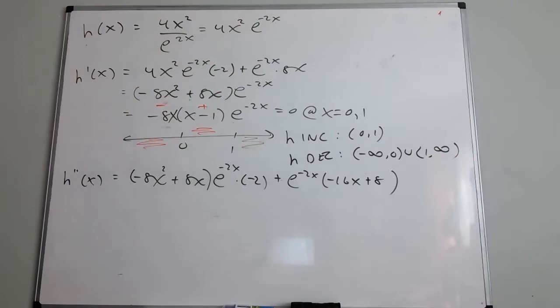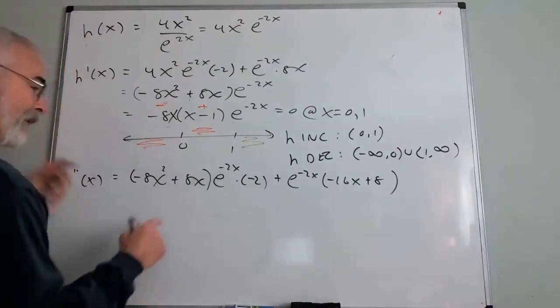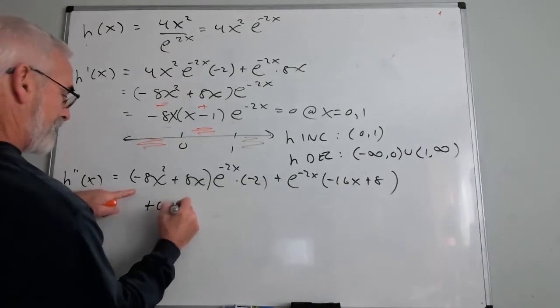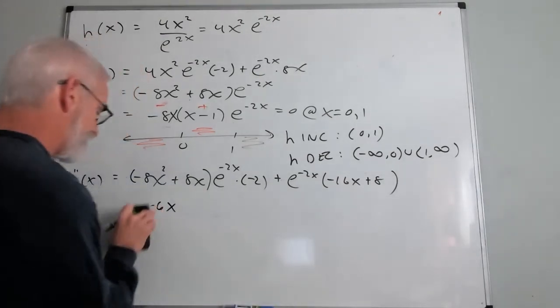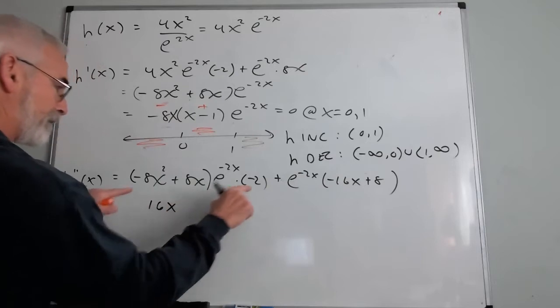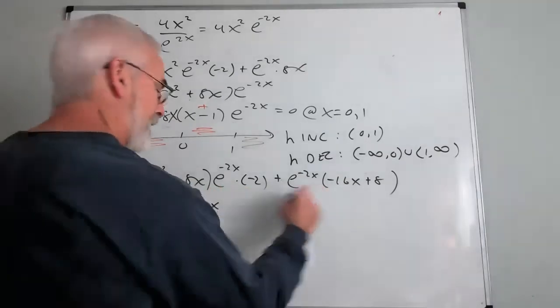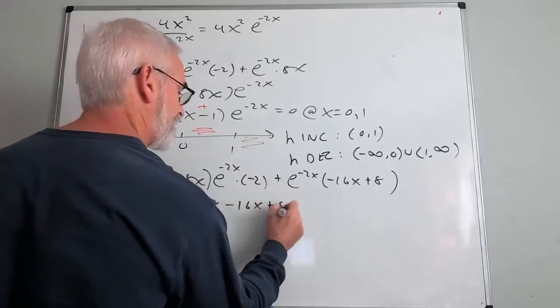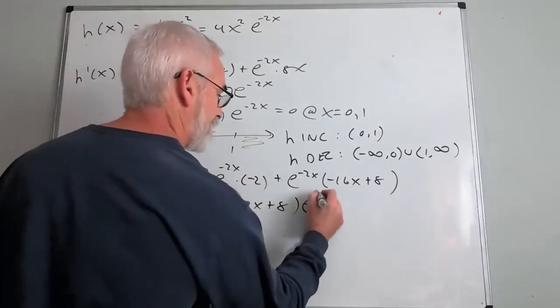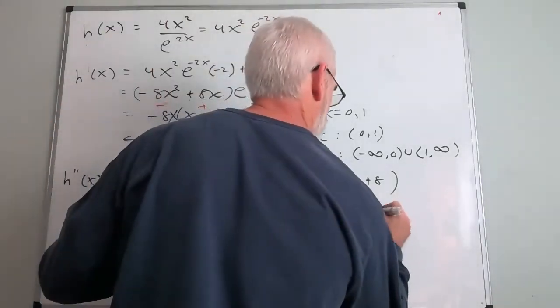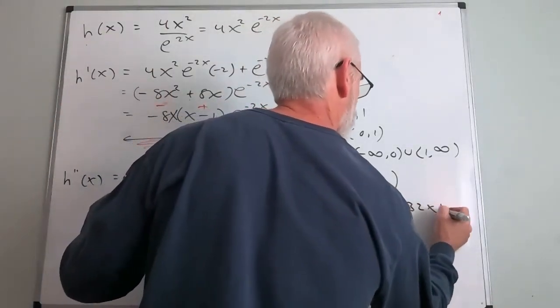If I factor out the e to the negative 2x, don't forget this, I have 16x squared minus 16x minus 16x plus 8 times e to the negative 2x, or 16x squared minus 32x plus 8.